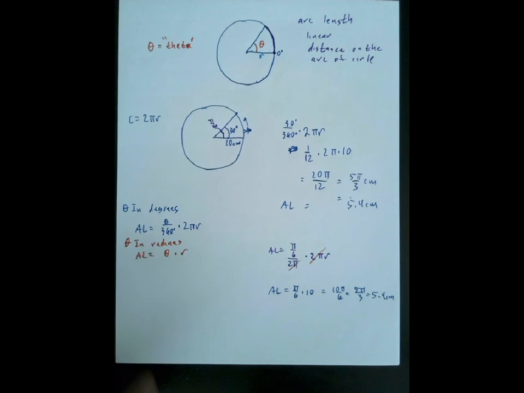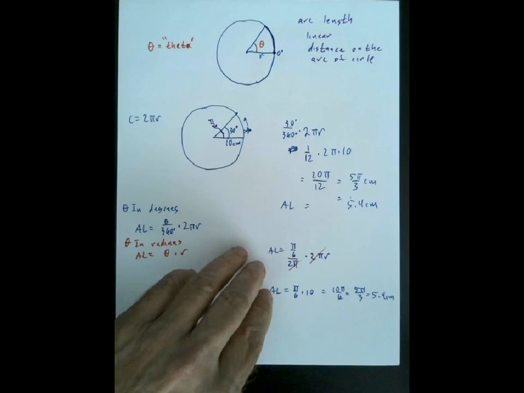So there's no dividing by 360. You don't have to mess with the 2 pi. It's already in there in effect because you're working with radians rather than degrees. Okay? So let's try a couple more of those.